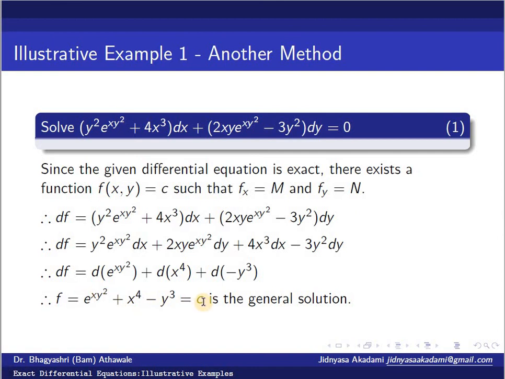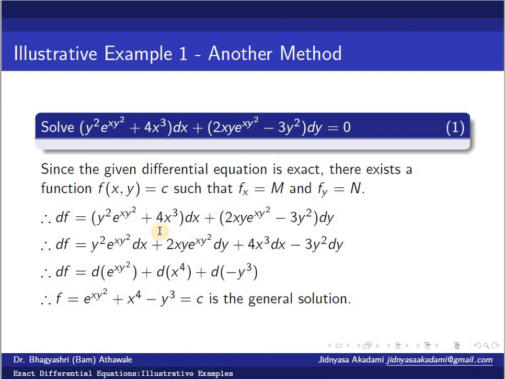If you can guess that in the given differential equation, what should be the groups, and for a given group, for which function the group is a total derivative, then there is no need to write all the steps in the algorithm and you can just solve the problem like this.